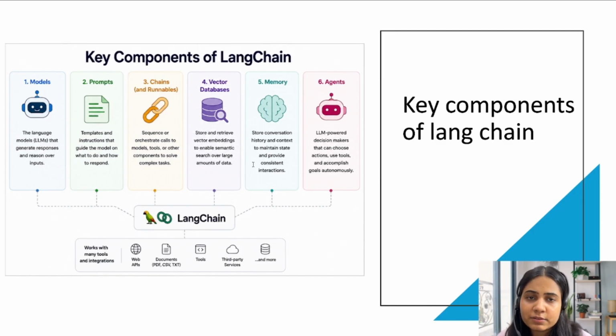It will not search for the exact keyword; it will search based on meaning. According to the meanings we get the data output from the vector DB. It is also mentioned here: store and retrieve vector embeddings to enable semantic search. Semantic search means words or documents with similar meaning will be retrieved over a large amount of data.